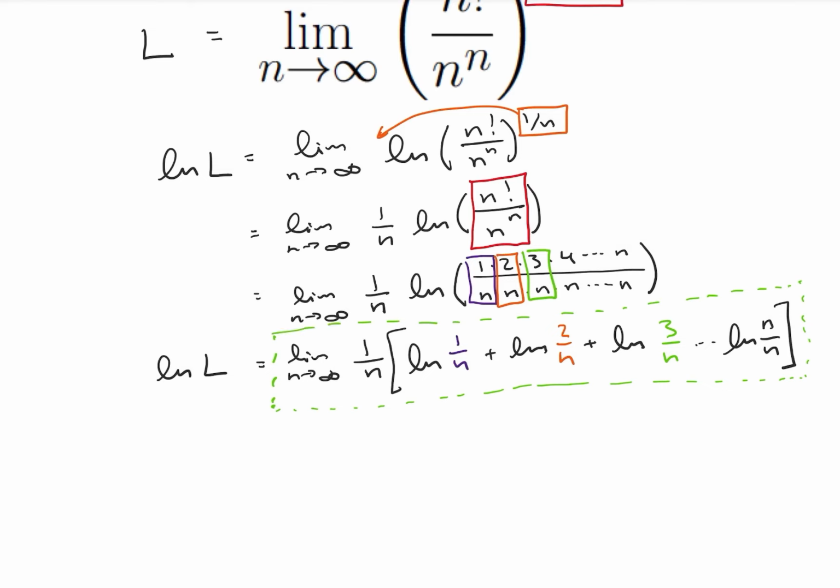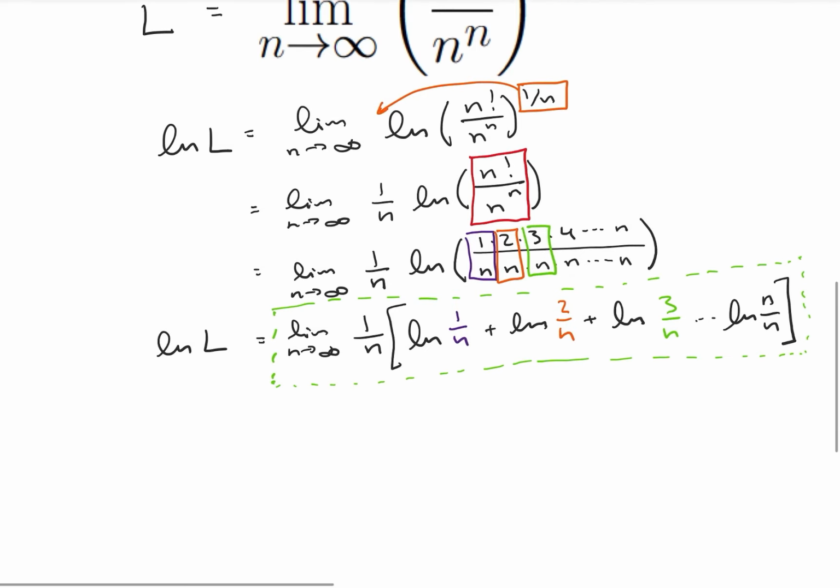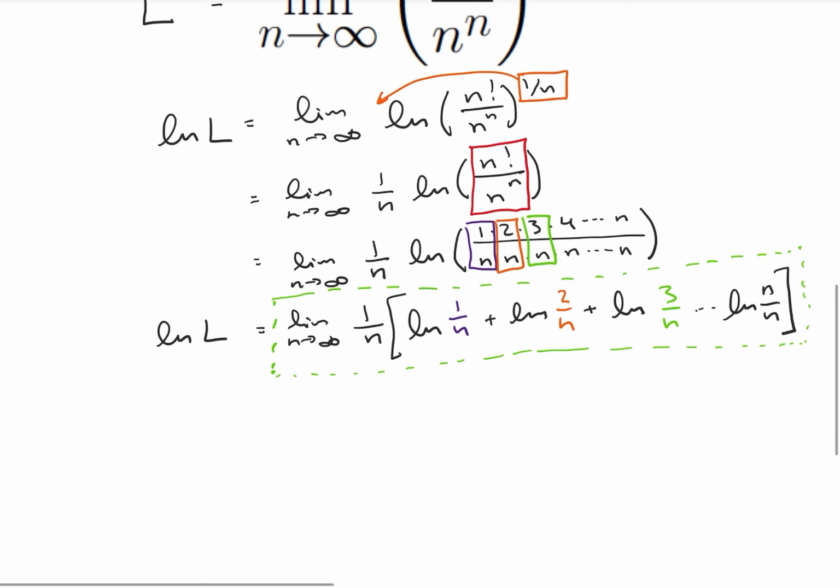All right, so I gave you the hint of integration. Let's try to remember again what integration is. How did we initially define integration? When we initially defined integration, we talked about what's called a Riemann sum.